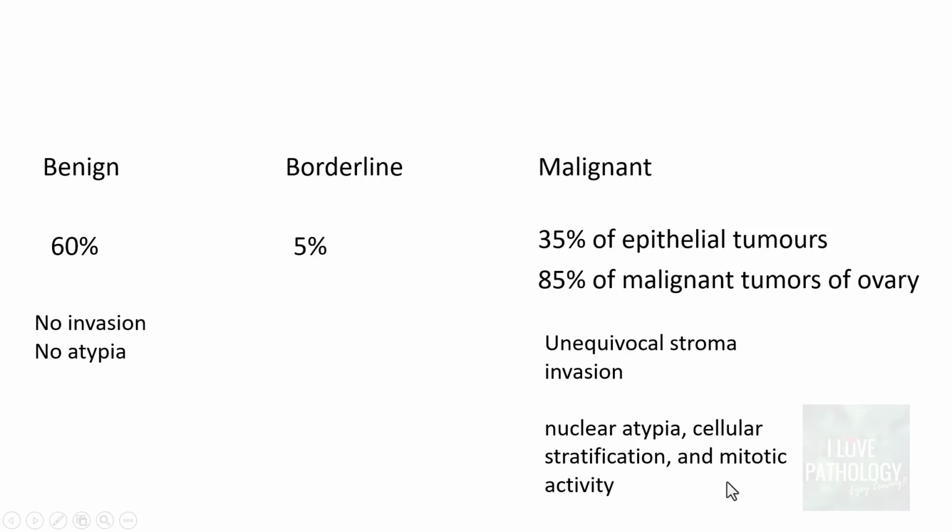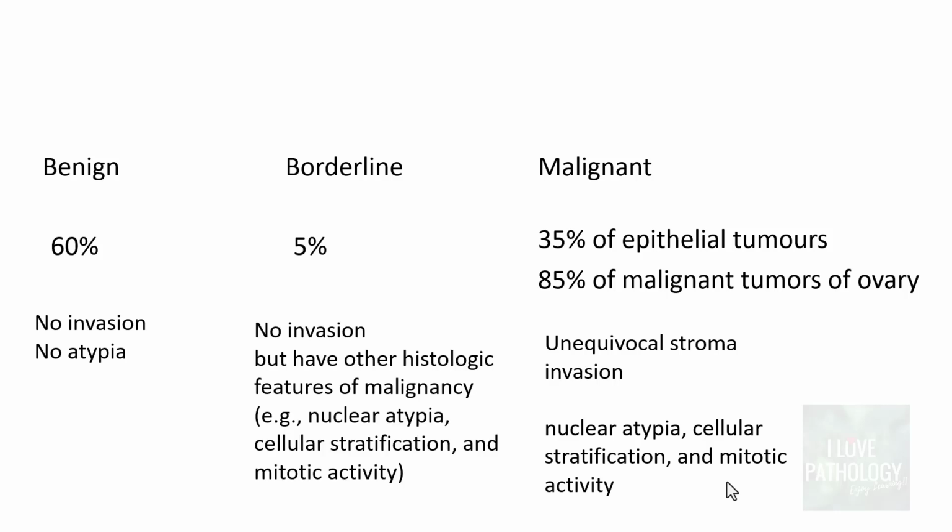All these are features of malignancy. In between these two is the borderline tumor. Now, what is that? Borderline tumors don't have invasion, but they have other histologic features of malignancy in the form of nuclear atypia, cellular stratification, and mitotic activity. So remember, benign tumors, no invasion; malignant tumors, invasion will be present, right?